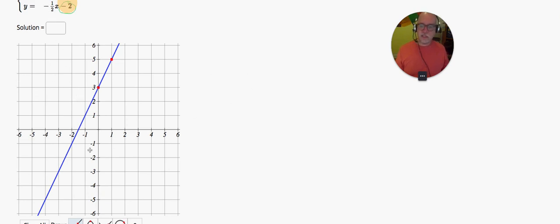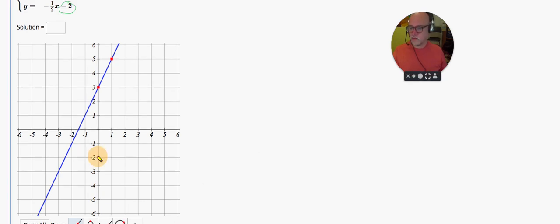So putting all that together, I'm going to click into my graph mode. I'm going to start at -2, and then I go down by 1 and over by 2. Okay, that seems to be correct in both cases.